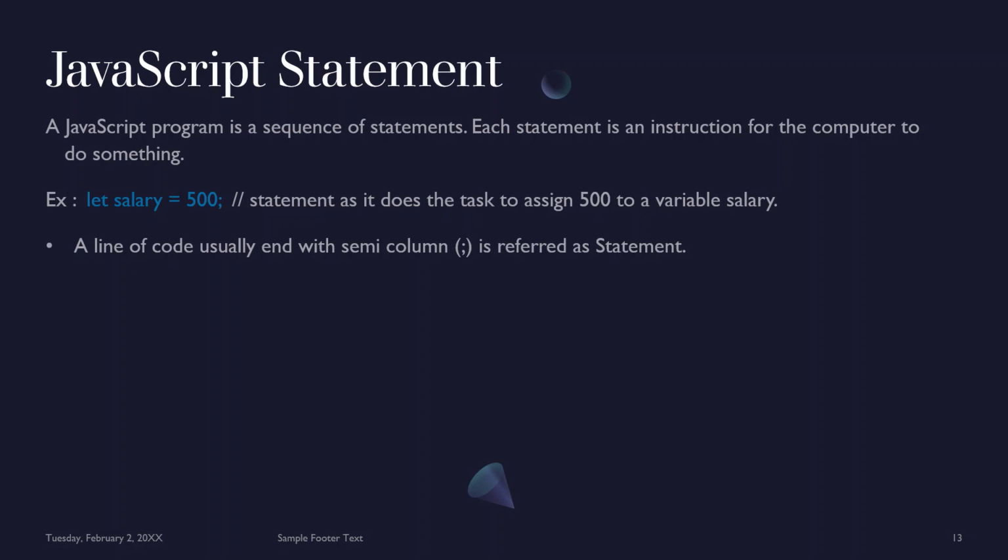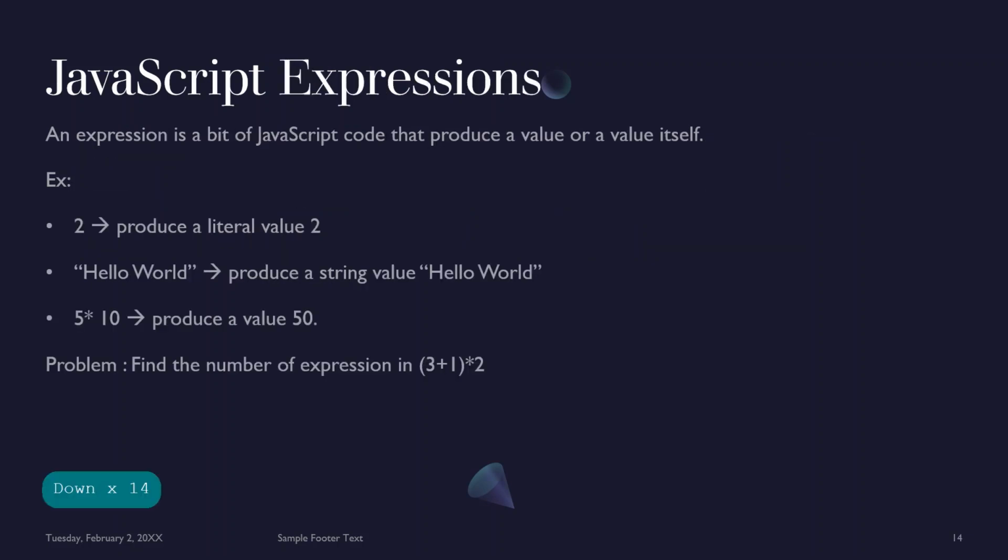So let's look into JavaScript expressions. An expression is a bit of JavaScript code that produces a value, or a value itself. And every JavaScript statement is composed of JavaScript expressions. So in the previous example, we had let salary equal to 500.